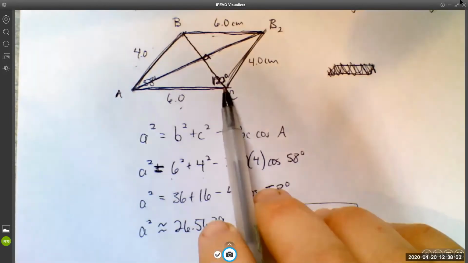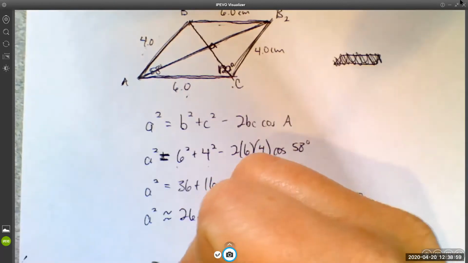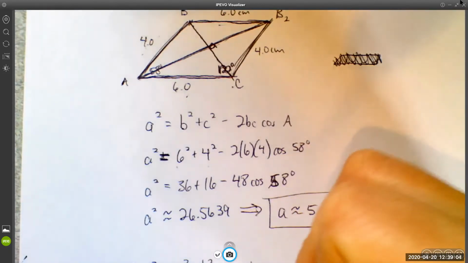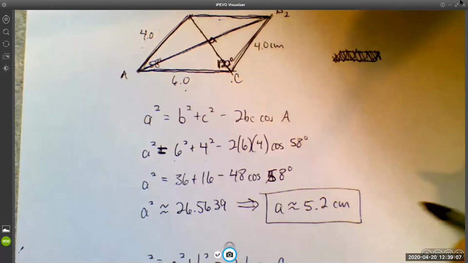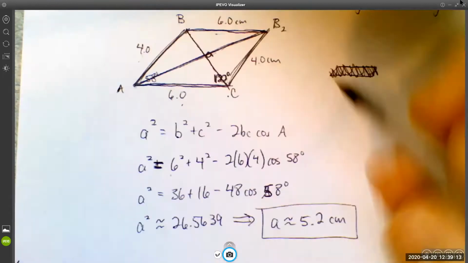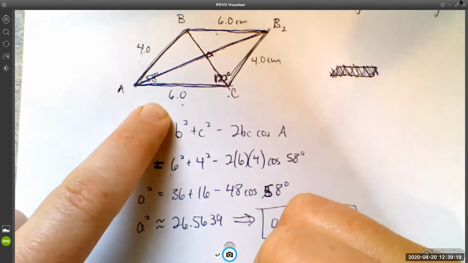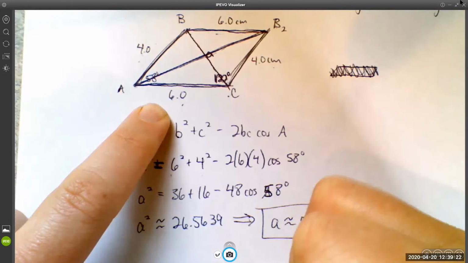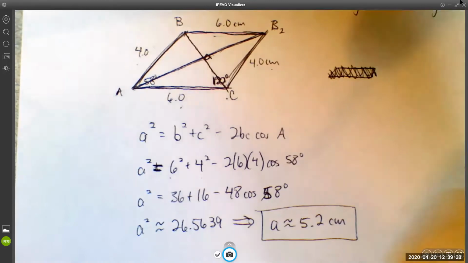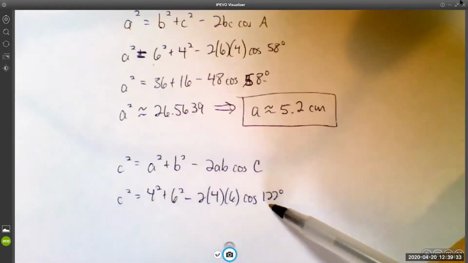So I'm going to use the version of the law of cosines that involves angle C. That would be this one: C squared equals A squared plus B squared minus 2AB cosine C. So C squared equals 4 squared plus 6 squared minus 2 times 4 times 6 times cosine of 122 degrees. It's almost identical to the previous problem, but instead of 58 degrees, now we have 122 degrees.